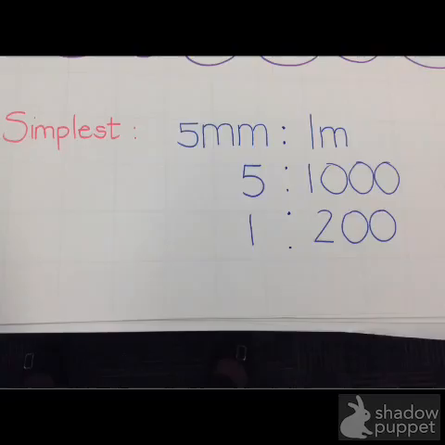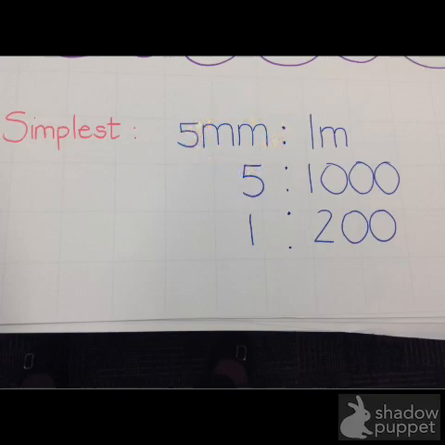Okay, so now let's have a look at what we're doing here. We're going to start off, we're going to give you 5 millimeters is to 1 meter. Now, you know what the rule is. You have to bring it down to the smallest unit, and the smallest unit is the millimeters.